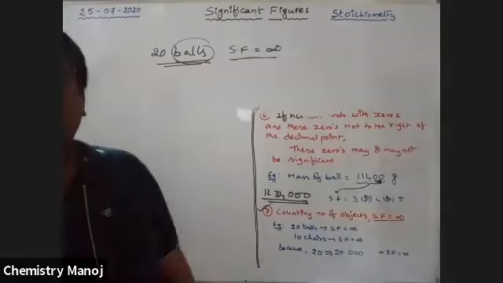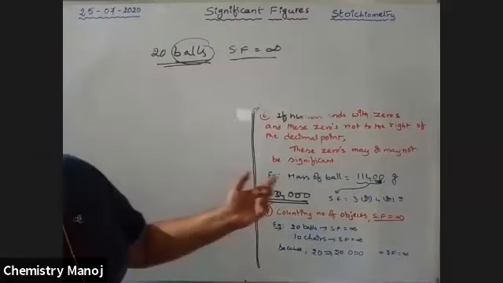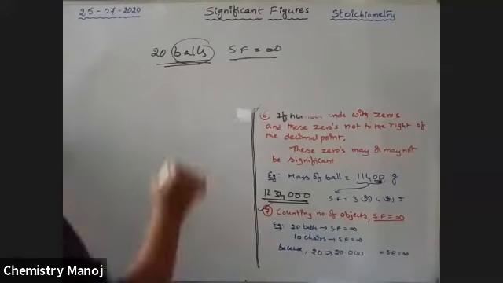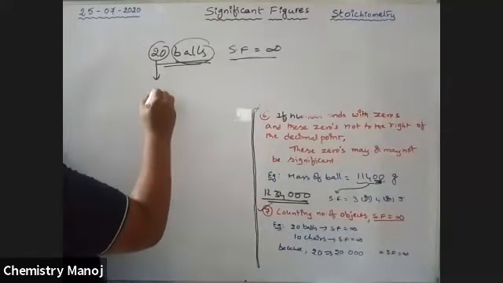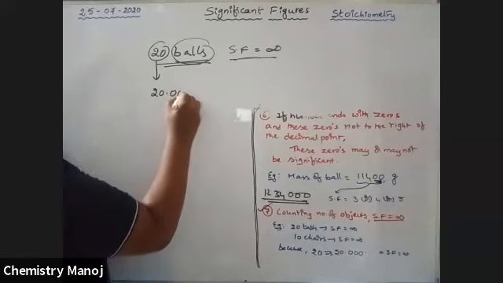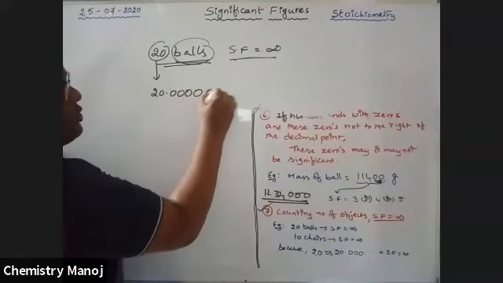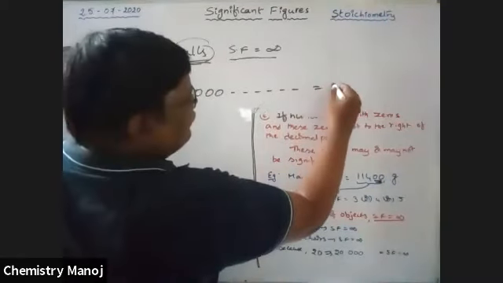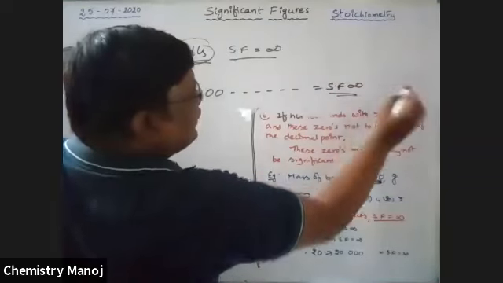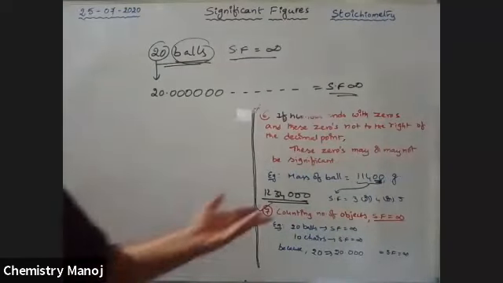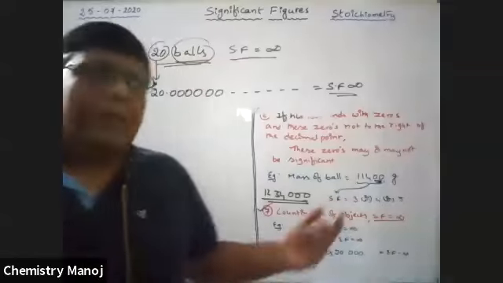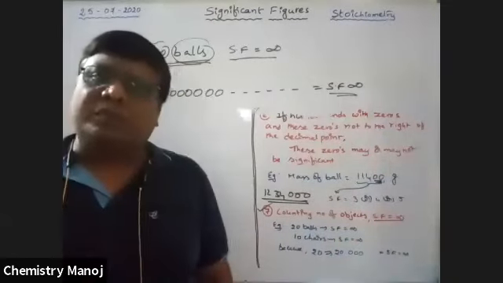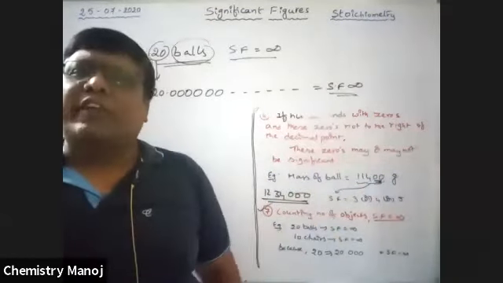So for any object counting, why, sir? Because this 20 we may write as 20.0, 20.00, 20.000000 like this. Therefore, significant figure is equal to infinity. Infinite zeros I will put, because zeros after the point are significant.